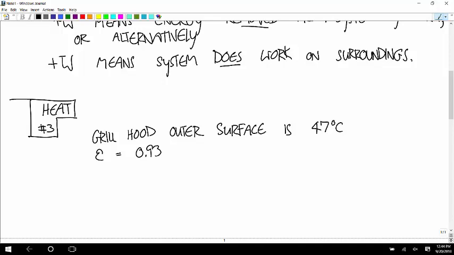The heat coefficient for convection is 10 watts per meter squared. And the surrounding air is 27 degrees Celsius.